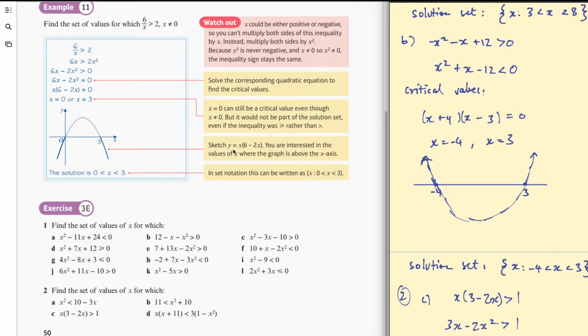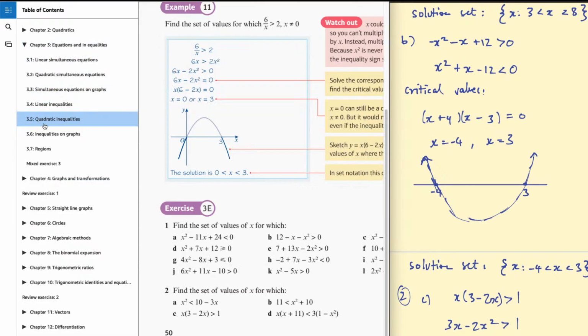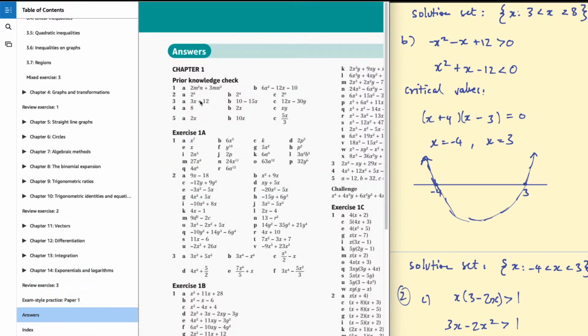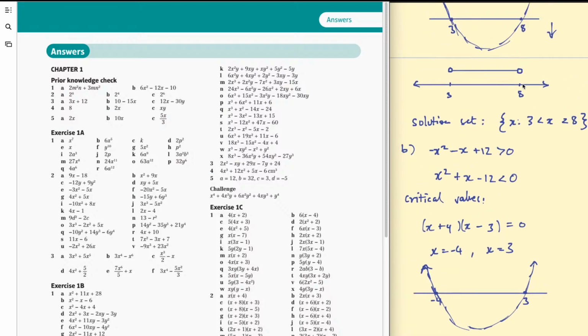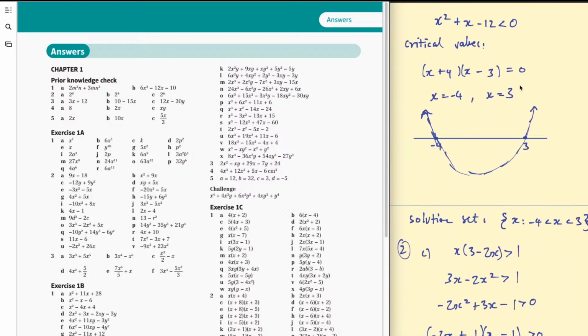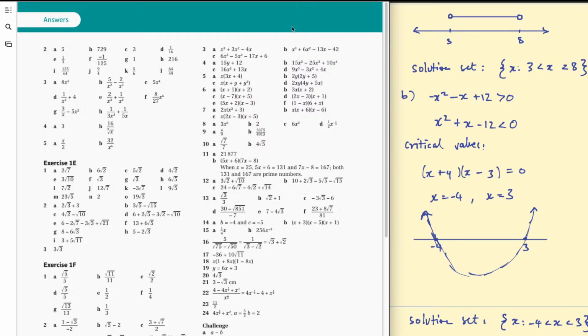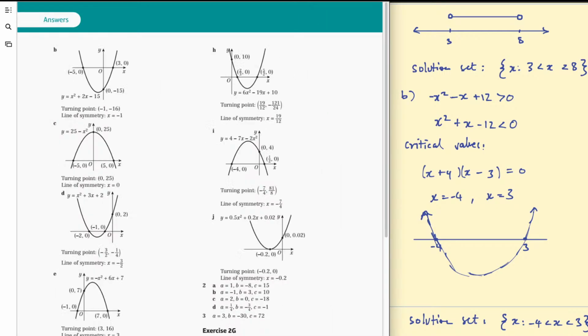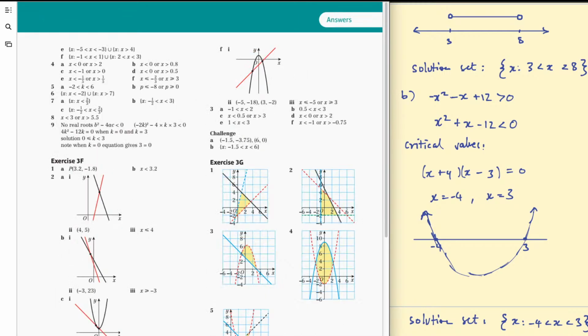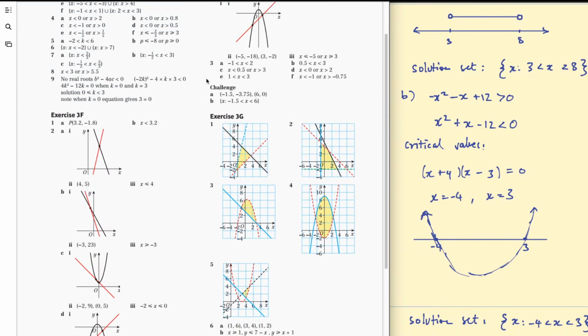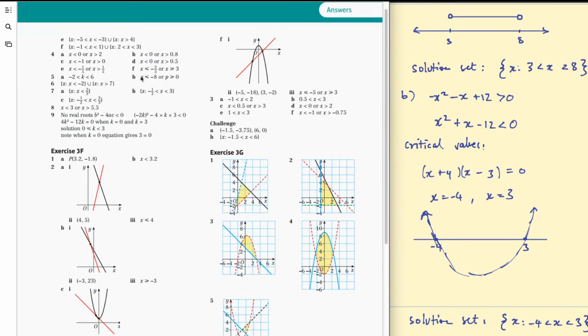Let's go ahead and check these before I move on. Just make sure I'm not making any mistakes. So this was exercise 3E. And if you want to go back at any stage and do the remaining questions for extra revision, if you feel like you need it, then I would think that would be a great idea.